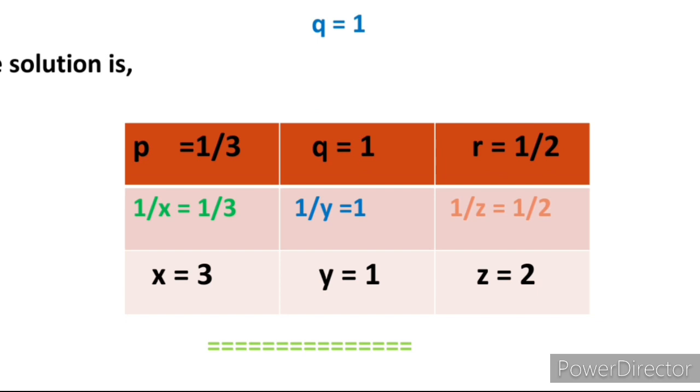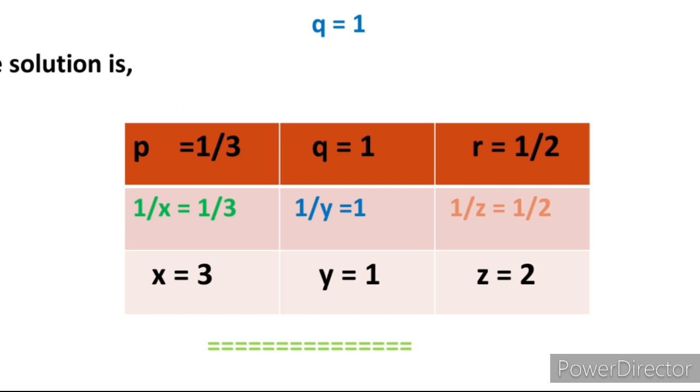Therefore, the solution is, take the first value, p is equal to 1 by 3. So what is p? Go to the first step. We already put p as 1 by x. So 1 by x is equal to 1 by 3. So taking reciprocal, what we get? x is equal to 3. We get the value for x.